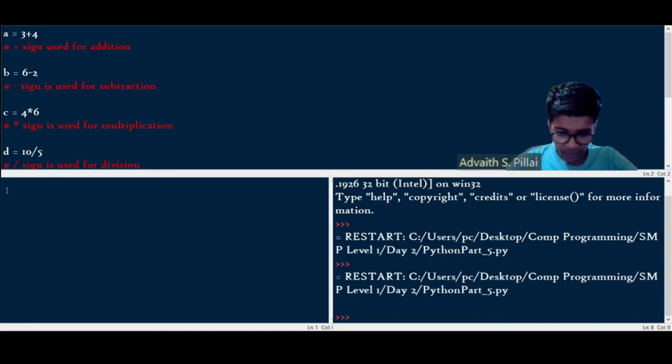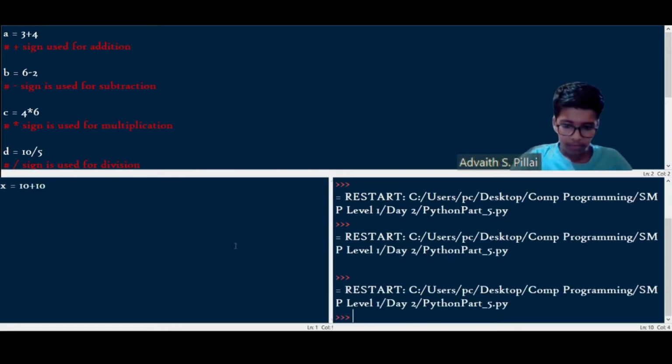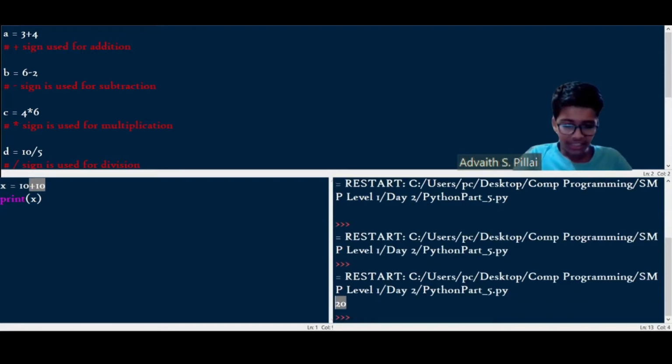So if I take a variable x and give it the value 10 plus 10, and then print x, let's see what the value is. As you guys can see, the value is 20, so our addition is working correctly.